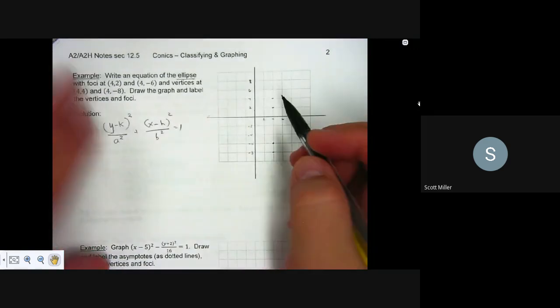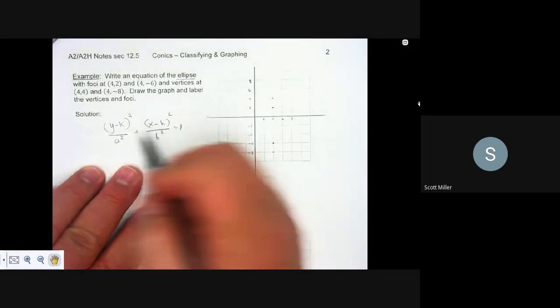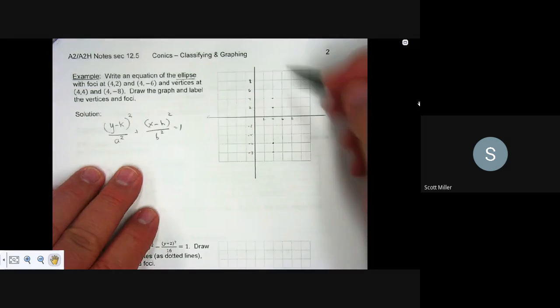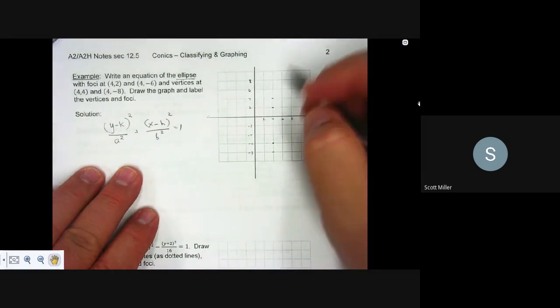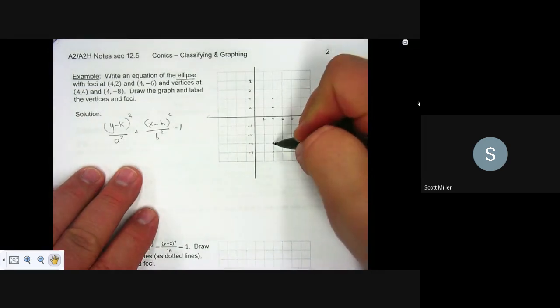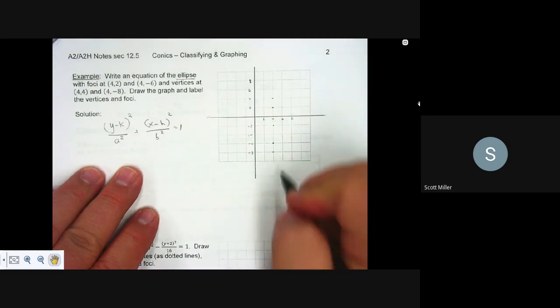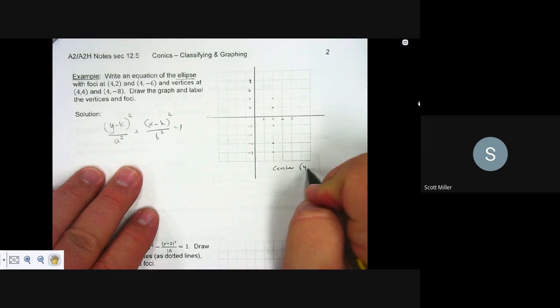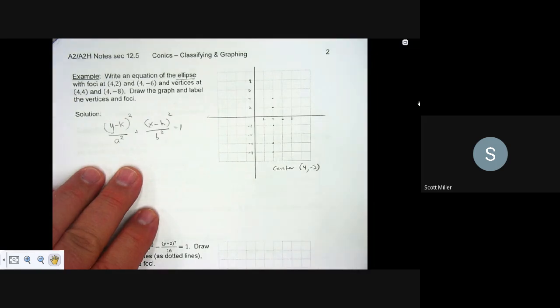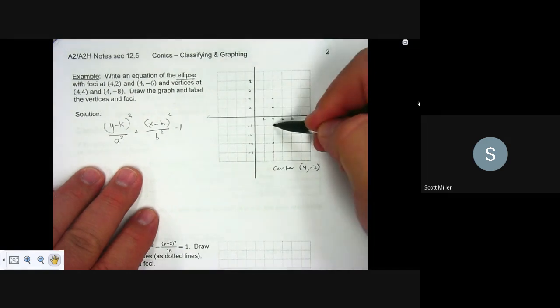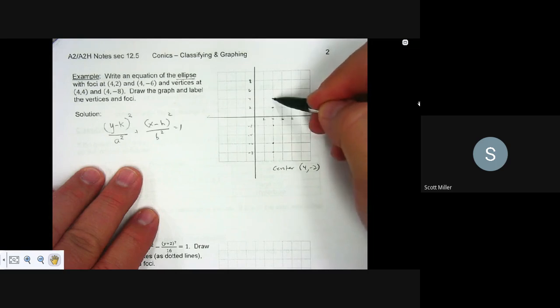Okay, and so we need to find our H and K, which would be the center of this. And the center is literally in the center, halfway between the foci, right here in the middle. So we can see that our center is going to be the point 4, -2. And we can determine the A value by looking at this and seeing that from here to here is a distance of 6.